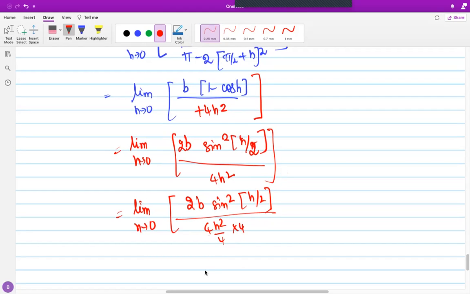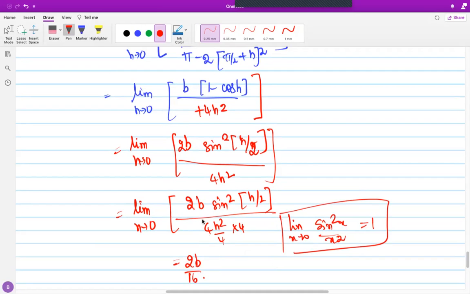So 4 into 4 is 16, so 2b divided by 16. Limit x tends to 0 of sine square x by x square is equal to 1, you know it. Because of that, all the part will be equal to 1. So 4 into 4, 16, 2b by 16.